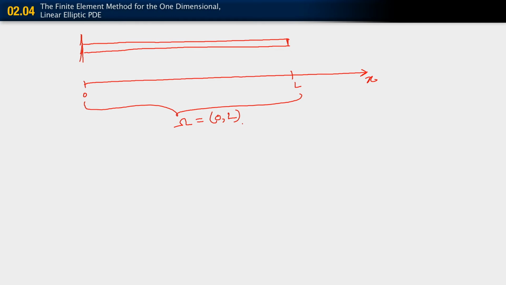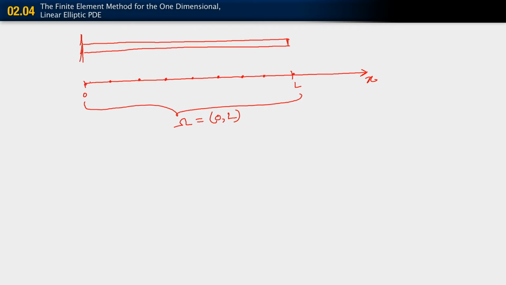Okay, so the way finite elements proceeds is to partition our domain omega into subdomains, right, which are our elements. And this partitioning is done by nodes that I'm now marking here.